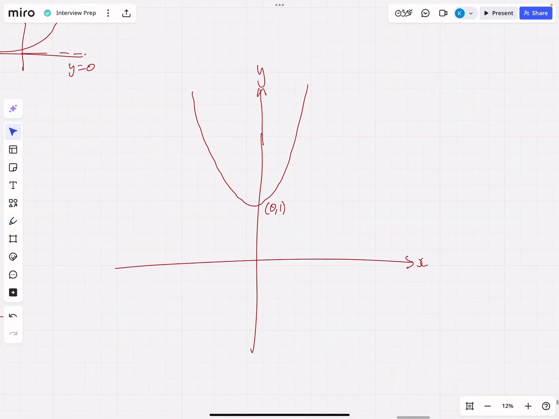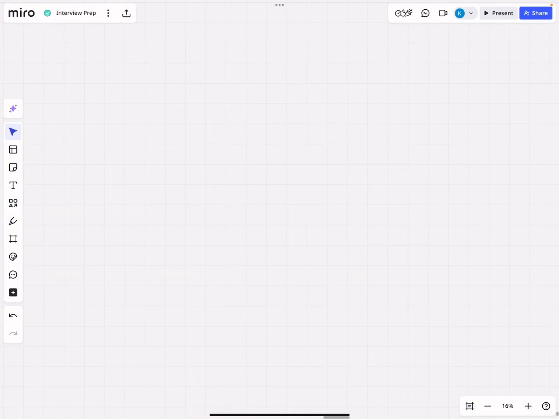So let's say I wanted to graph y equals 3x plus 5 all over x minus 2. Well, a couple of things to notice here.